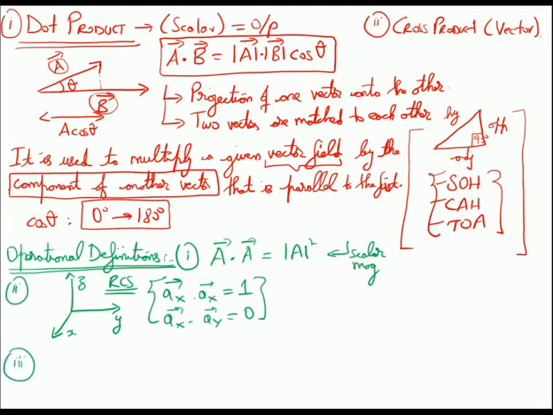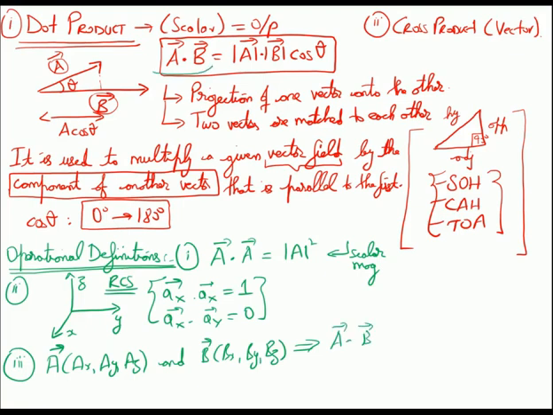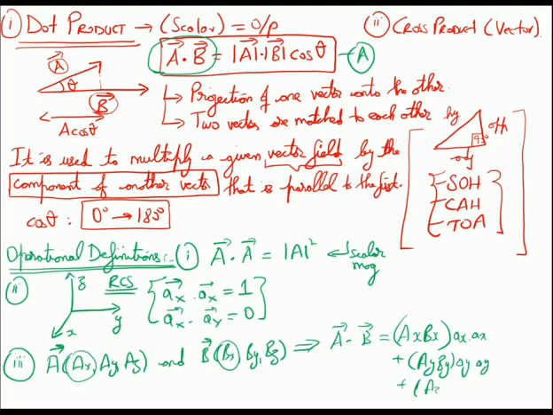The third postulate is, if we have a vector A with its components ax, ay and az, and we have another vector B with its components bx, by and bz, then the dot product between A and B, so basically we are talking about the left hand side of the basic equation for the dot product, and if I call this equation A, is going to be: you take ax and bx and multiply them together, ax dot bx, plus you take the common components ay and by with their dot product, plus you take az and bz with their dot product.